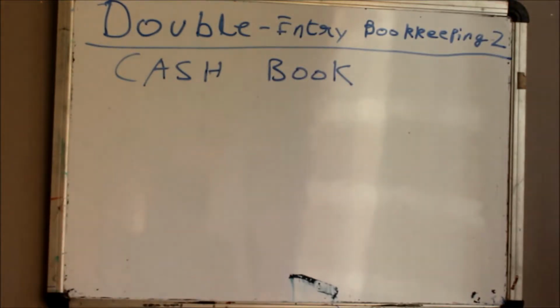Now the cash book is fairly simple to understand and it basically includes the income and expense, so it's very simple. Let me show you the format of the basic cash book.